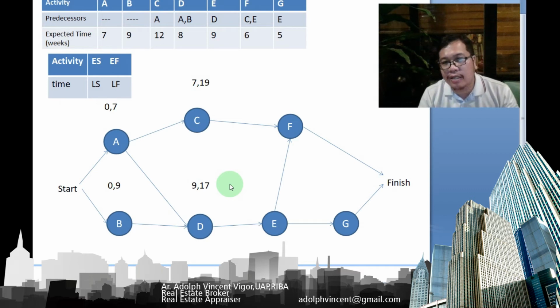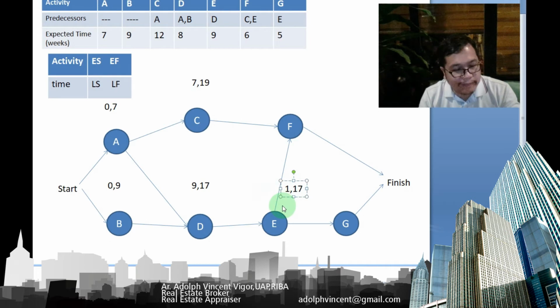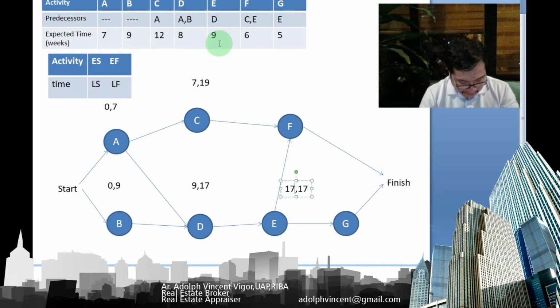Now let's go to E. In the case of E, its early start is 17 weeks because it has only one predecessor. Then we add that with its duration, which is 9. So that's 17 plus 9, which I think is 26.